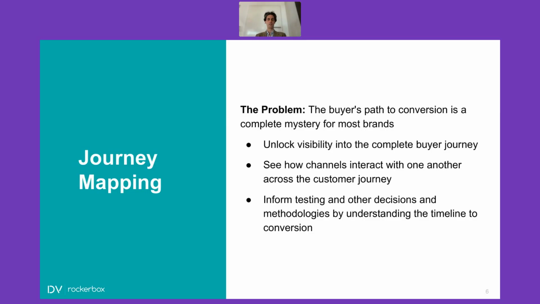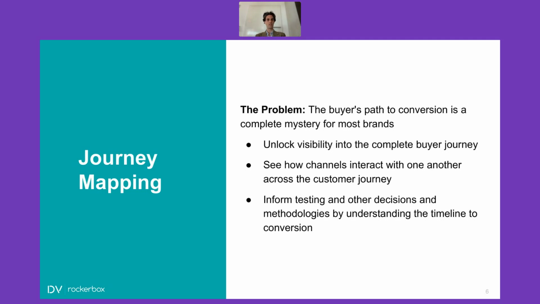Importantly, journey mapping can also inform other testing and MMM type methodologies. So if we think about testing, one of the big questions often in setting up an incrementality test is how long should this test be? Tests can be quite expensive to run, a little bit disruptive for the business. You don't want to run them for longer than you absolutely have to.